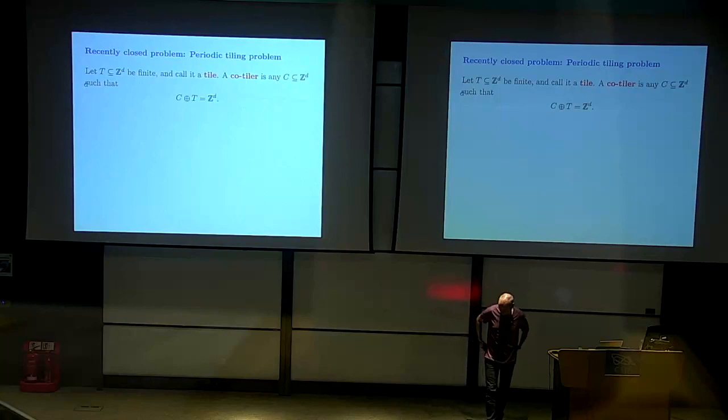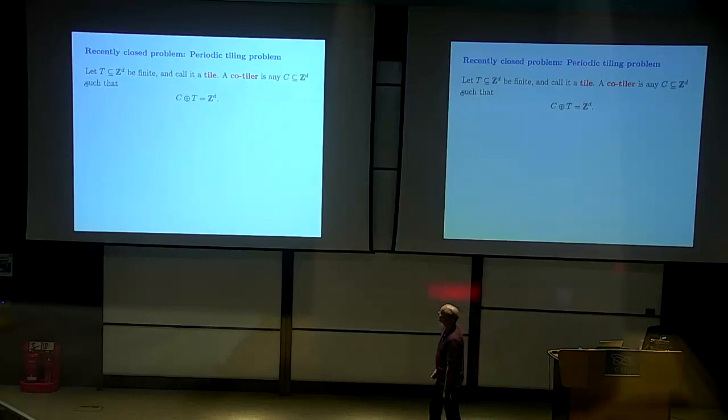Okay, then to the other problem that lies within this framework of low complexity subshifts, namely the periodic tiling problem. And this was recently closed by Rachel Greenfeld and Terence Tao.